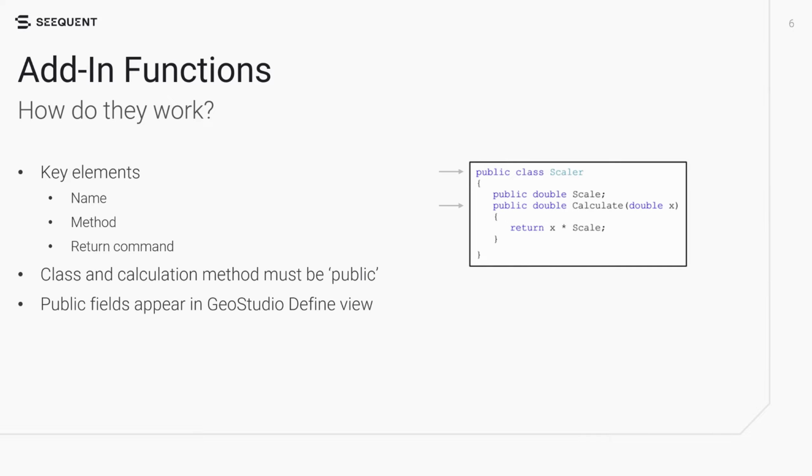Both the class and the calculation method must be public in order for the GeoStudio solver to see them when scanning an add-in. When a variable name or field is declared as public, this field will appear in the GeoStudio Define view under Key-in Functions.